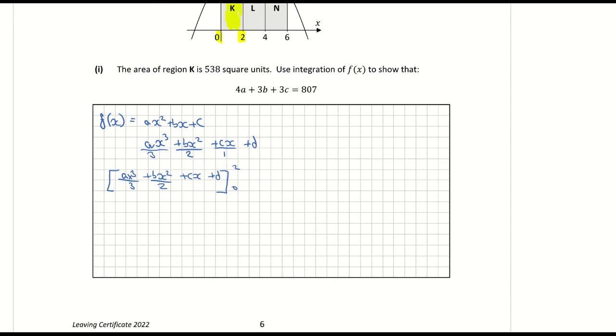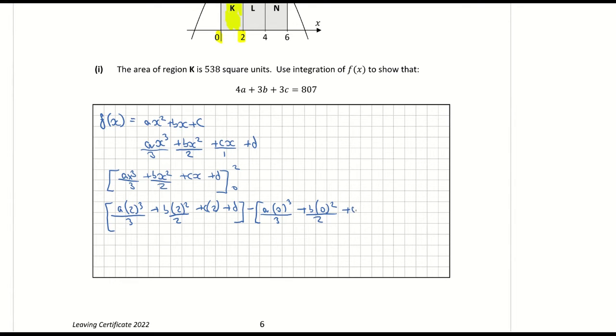So let's have a look at that. If I sub in my 2 for x, I get a times 2 cubed over 3 plus b times 2 squared over 2 plus c times 2 plus my d. And then I subtract by subbing in the 0 for x, so a times 0 cubed over 3 plus b times 0 squared over 2.